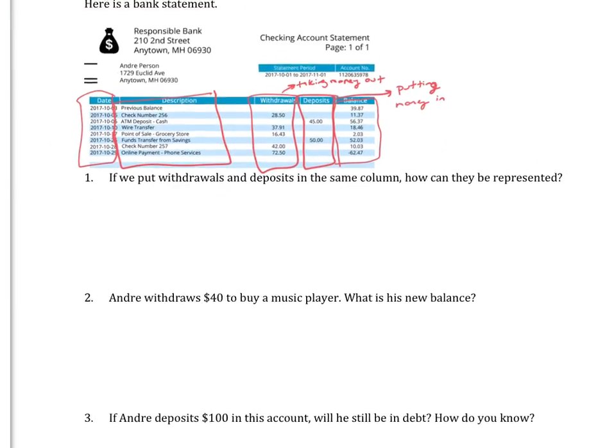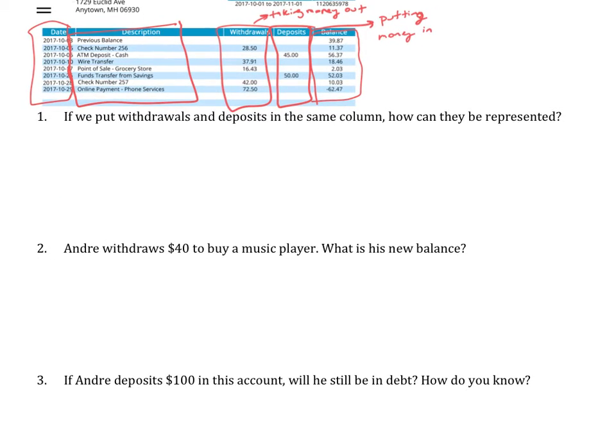Okay, so let's look at question 1. It says, if you put withdrawals and deposits in the same column, how can they be represented? Right now, they're in separate columns and they show up as all positive numbers. But if we had them all in one column, each number stacked on top, it wouldn't make sense for them to all be positives.